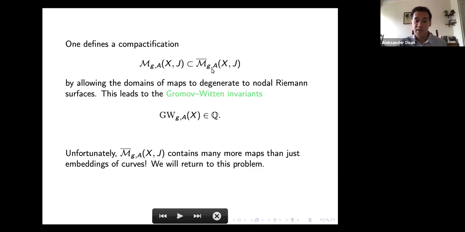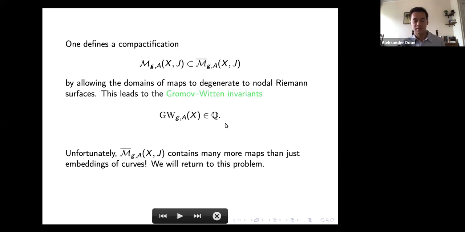And this space is in fact compact with a certain topology called Gromov topology, and it contains the actual space of pseudo-holomorphic, J-holomorphic maps. And because the space is compact, you can extract from it all sorts of invariants. You define a fundamental class, and you integrate certain cohomology classes over the fundamental class.